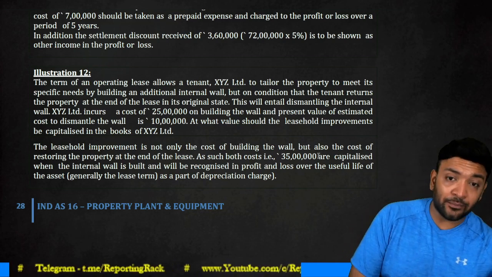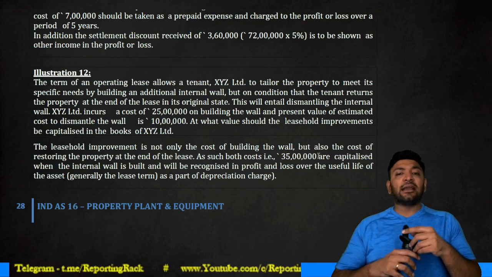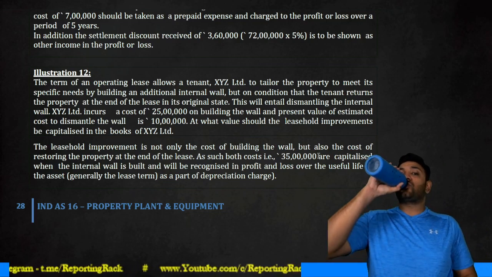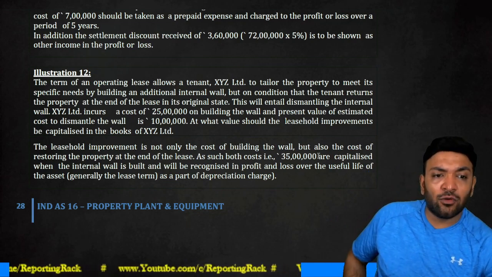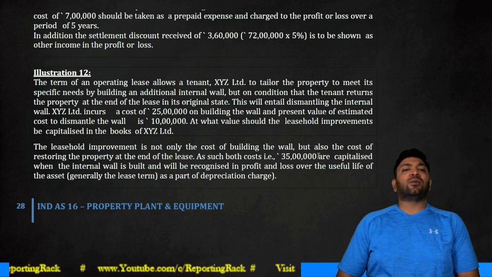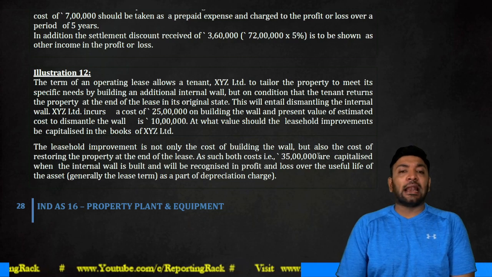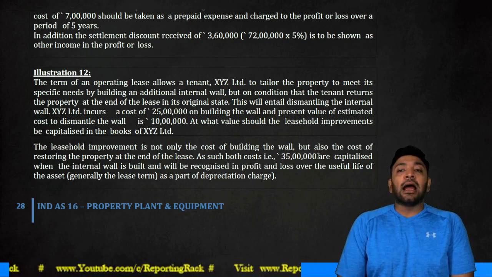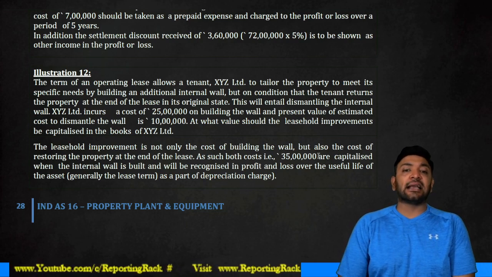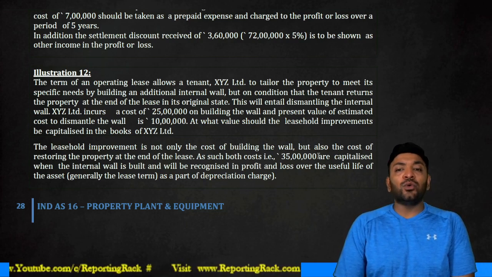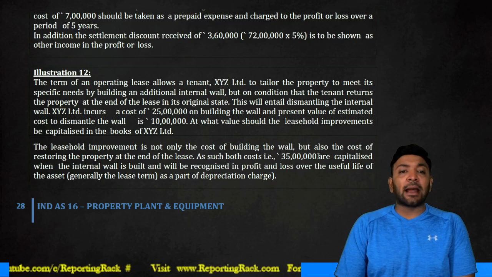This will entail a dismantling cost of an internal wall. XYZ incurs a cost of 25 lakhs for building the wall, and the present value of estimated cost to dismantle the wall is 10 lakhs. At what value should the lease improvements be capitalized into the books of XYZ?